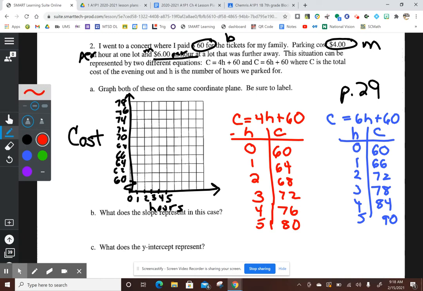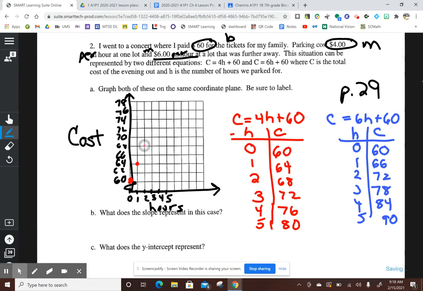So the red one will start at 0, 60, 1, 64, 2, 68, 3, 72, 4, 76, and I'll just approximate there, and we'll draw the line like that.